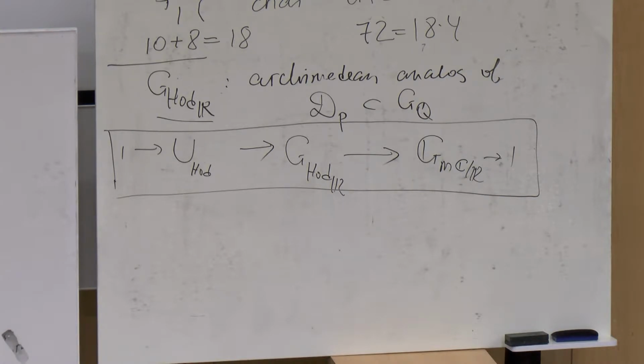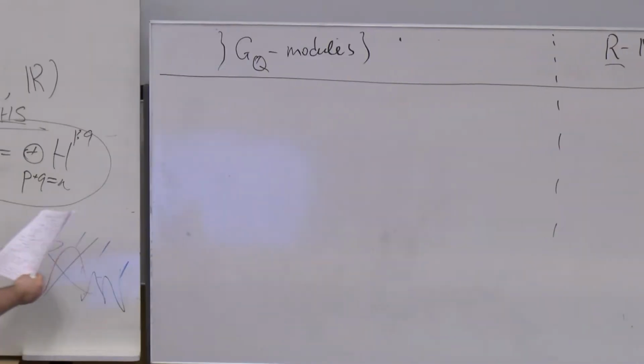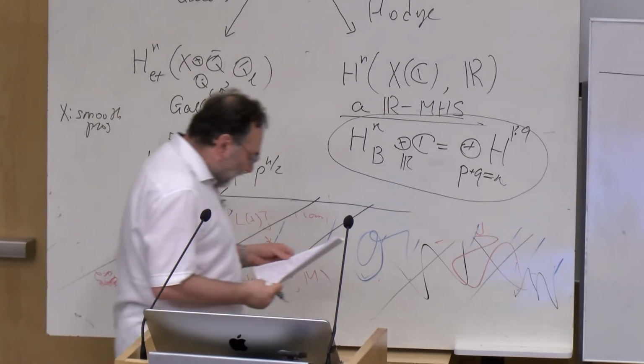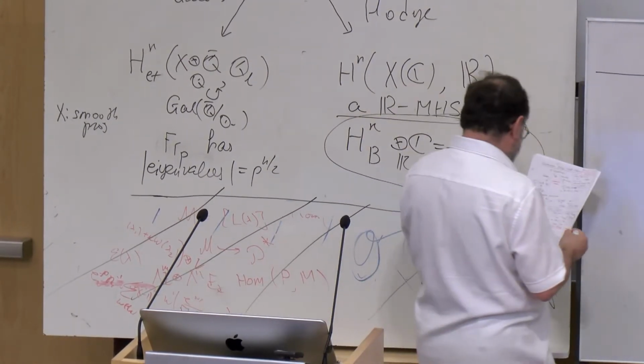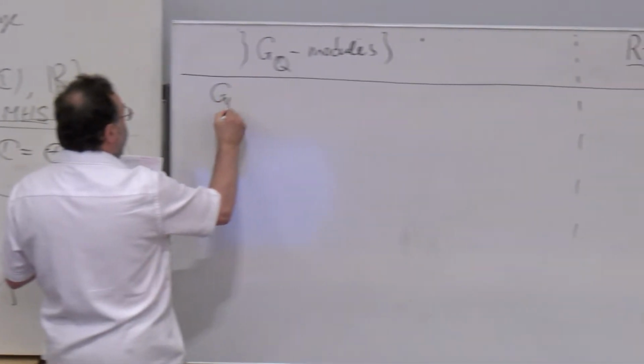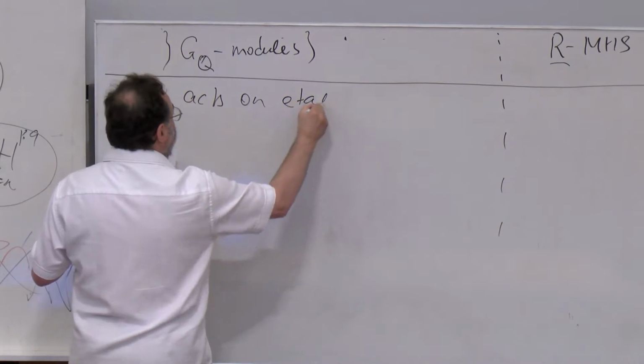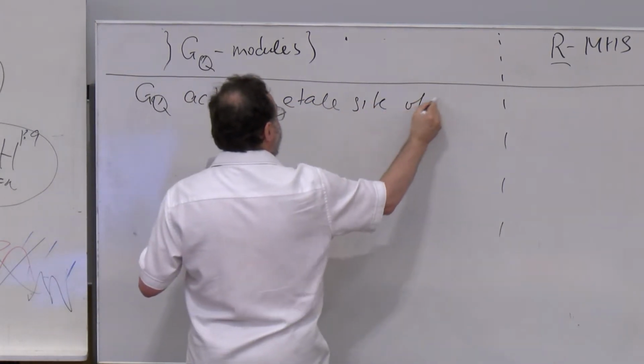Okay, now more to this analogy, there is a reason. The very fact that the Galois group acts on étale cohomology is just a linearization of a geometric fact that actually G_Q acts on the étale side, let's say F_x.